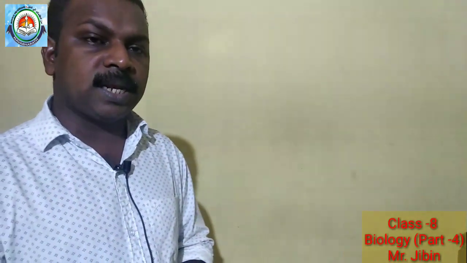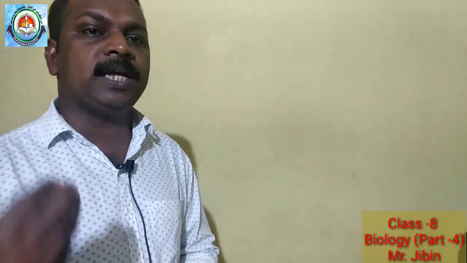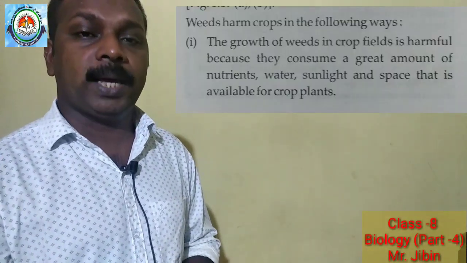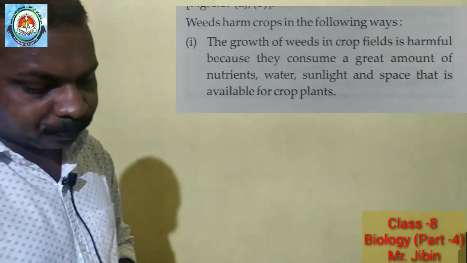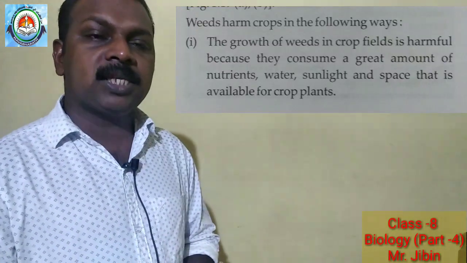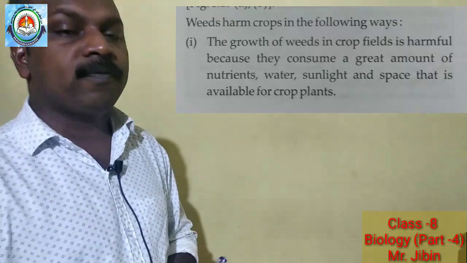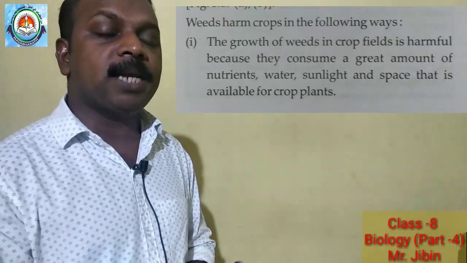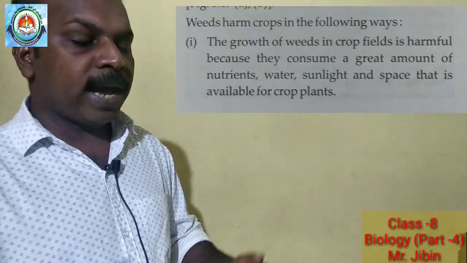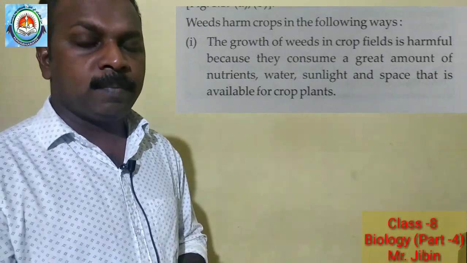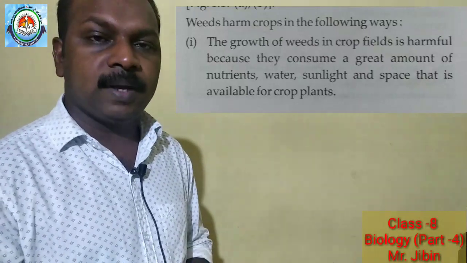The first reason the weeds have to be removed from the field is that they consume a great amount of nutrients that is meant for the crops. We know we add manure, meaning we add nutrients in the field.